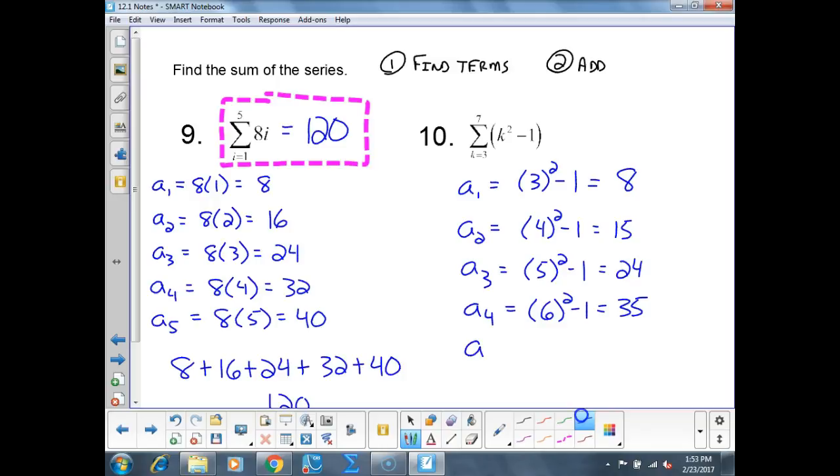And my last term is a sub 5, which is 7 squared minus 1, which is 48, because now I've reached my upper limit. You start by putting this number into your rule. That gets you your first term. Then you go to the next whole number, all the way until you get to your upper limit.